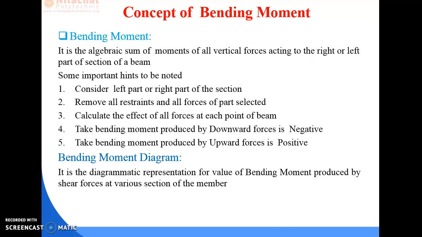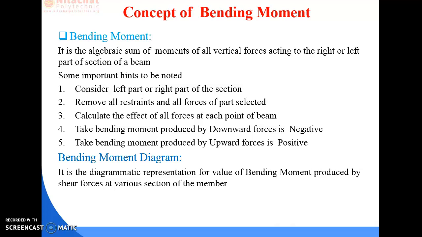Now, while calculating bending moment, consider the left or right part of the section, then remove all restraints, all forces of the part selected. Then calculate the effect of all forces, meaning the bending moment produced by the vertical forces.